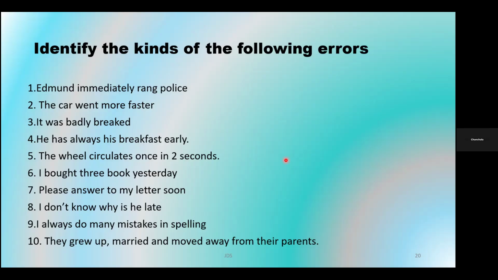Is it wrong formation? Correct it. The wheel is circulated or something? No, it's not in the passive. You don't have to necessarily use passive construction over there. Not that as well. Look at the vocabulary. It has something to do with the words.